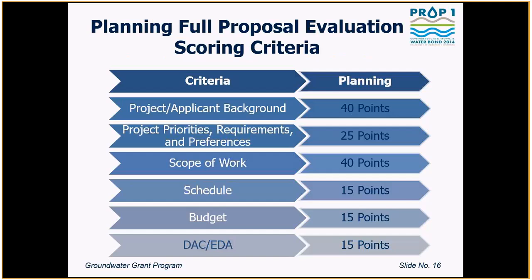Again, for the DAC, projects that qualify for DAC benefits will get a 15-point bonus. And again, make sure to review Appendix E for information, and that will give you an idea of what the reviewers will be considering when they score your proposal.